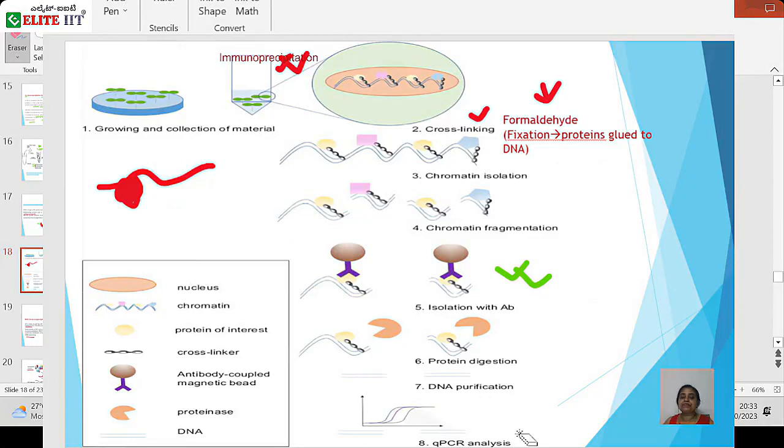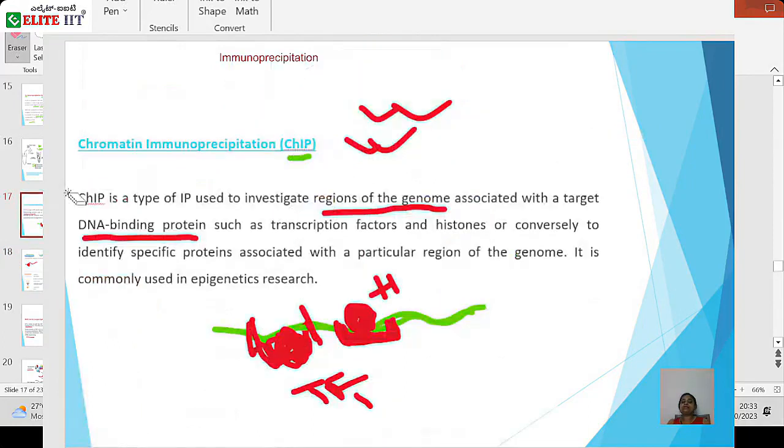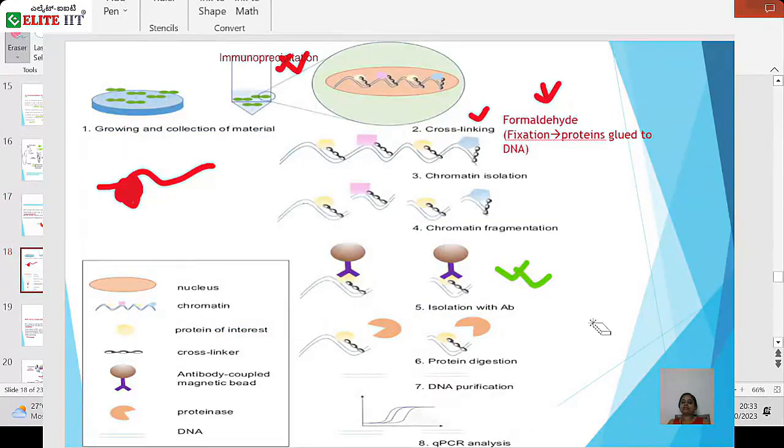So you can do the sequencing. Obviously, sequencing should be there so that you can identify the region. So in this way, the method we have discussed is actually ChIP, chromatin immunoprecipitation. Through this process, you can identify the DNA part.